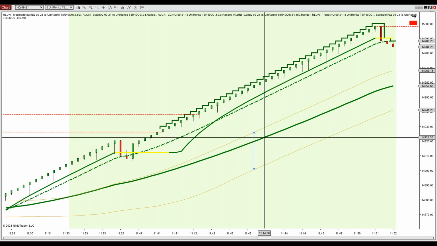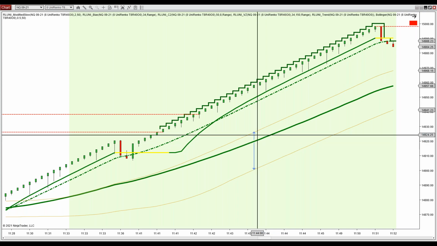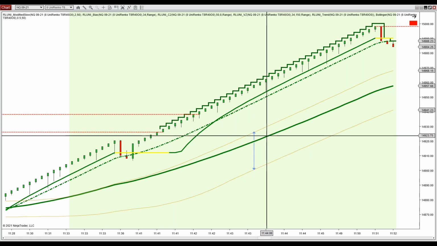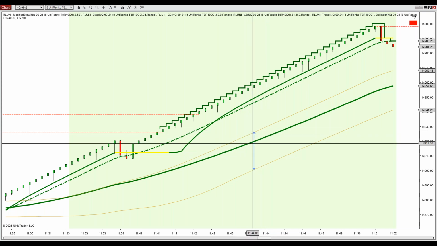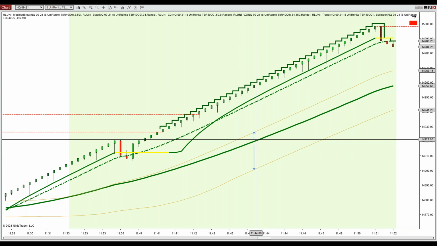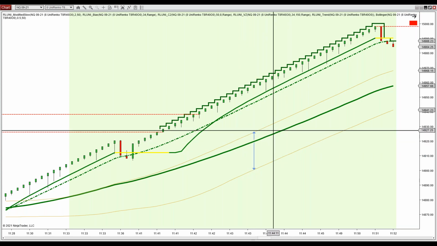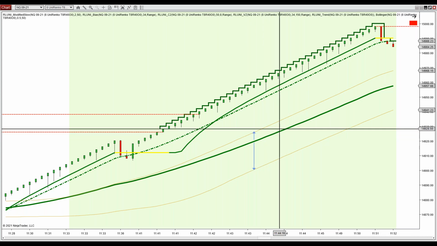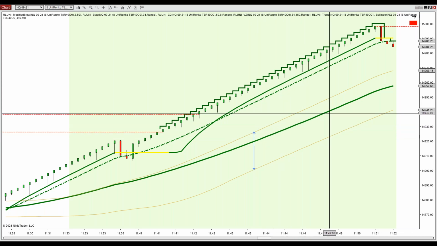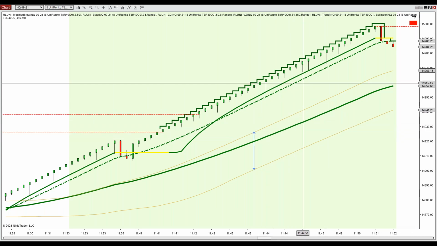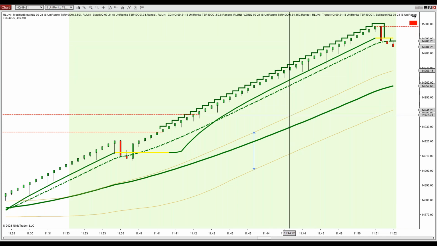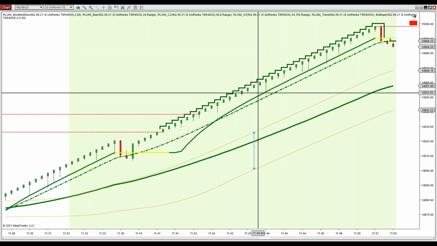But it's a decent approximation, and it's going to keep you from taking a trade right in an area that really is hazardous, when you get that market that just hugs the 50 and is simply a chop market without any volatility to launch price up.